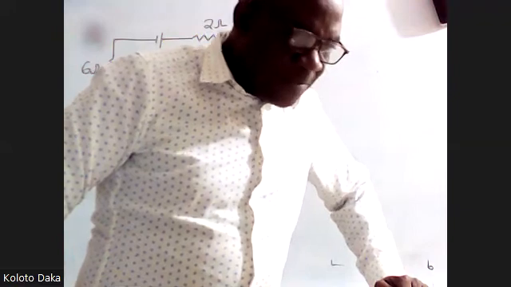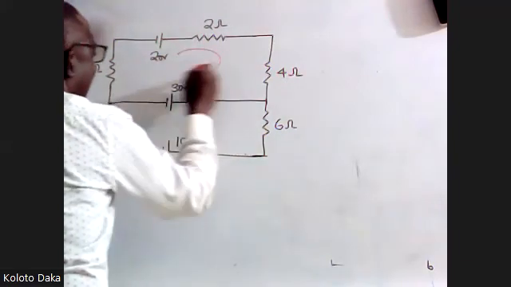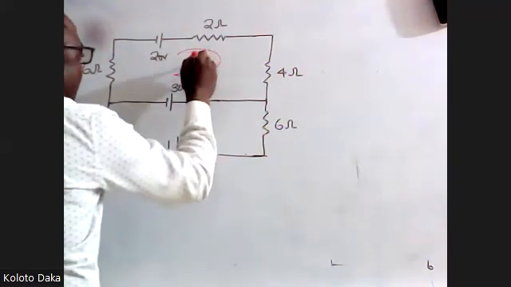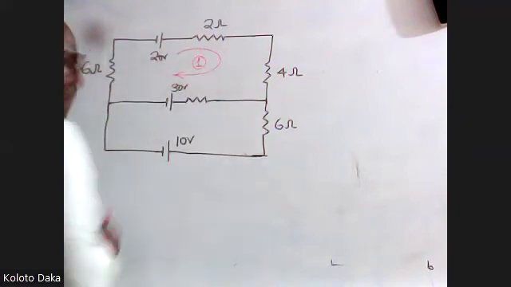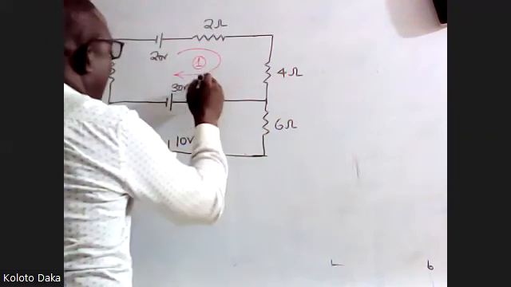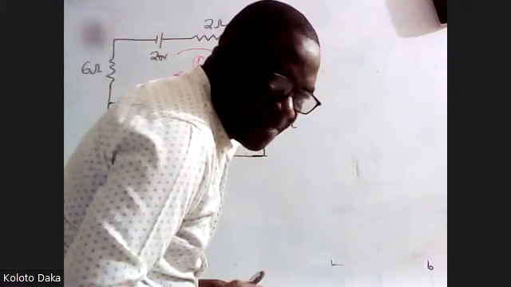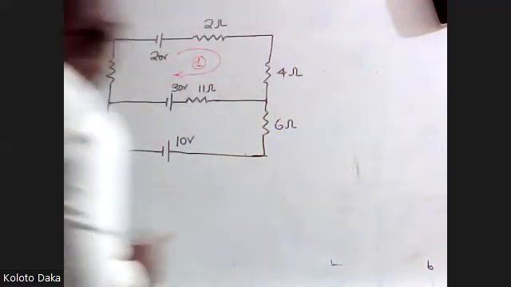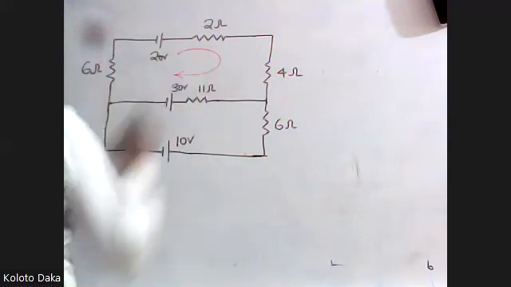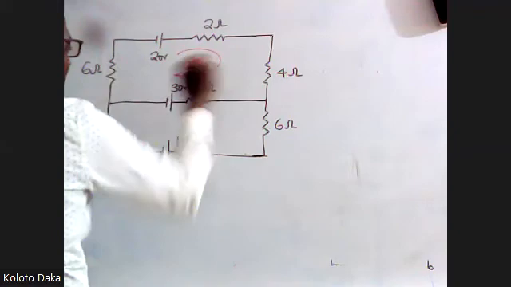So we can do our loops here. And there's 11 ohms on the 30 volts that side. So we are going to have the first loop, I1.